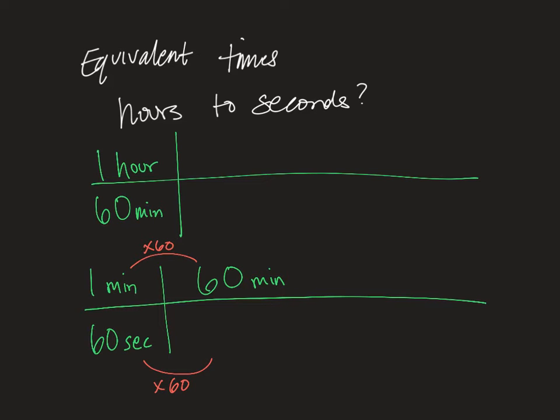So using some of my multiplication tricks, I'm going to start with my basic math fact, 6 times 6 is 36. 60 times 6 would give us 36 with a 0, because again, I've got a 0 in my factors, so I have a 0 in my product, my answer. And then one more, 60 times 60. Now I've got 2 zeros, so I need to make sure I have a 36 with 2 zeros, 3,600 seconds.